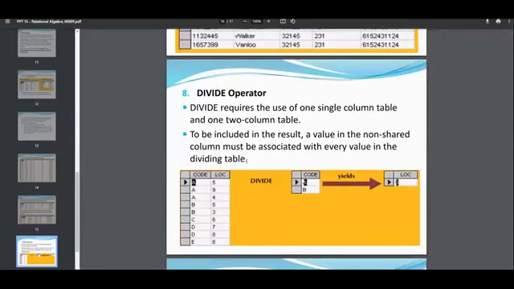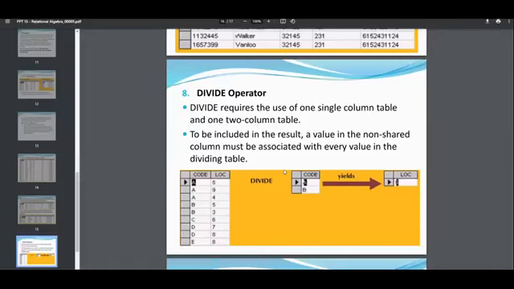So table A and table B, two tables can be used, then divide. You can divide this table by this smaller one, then what would be the answer you will get? So divide requires the use of a one-column table and a two-column table.